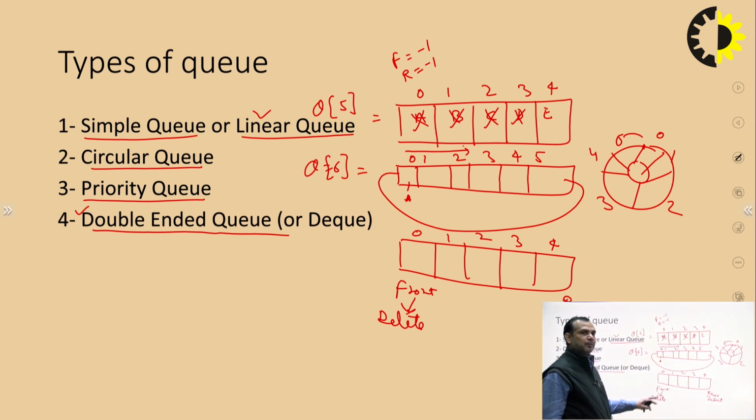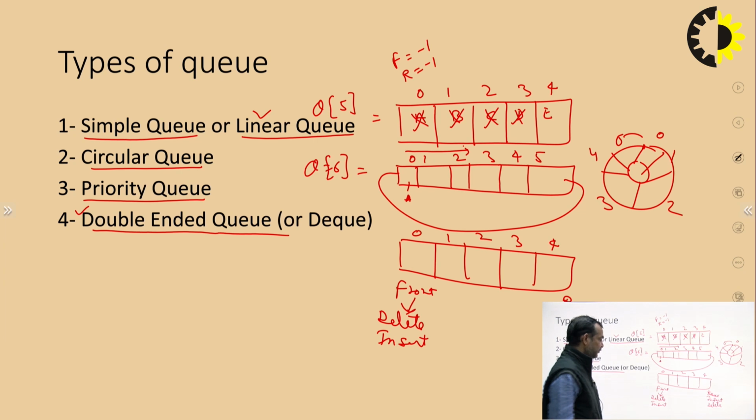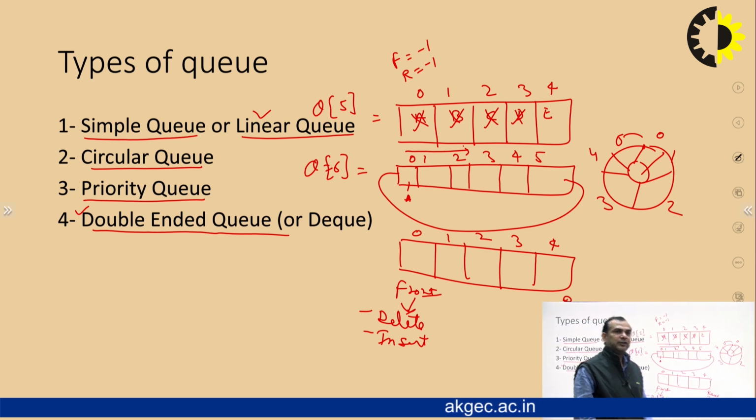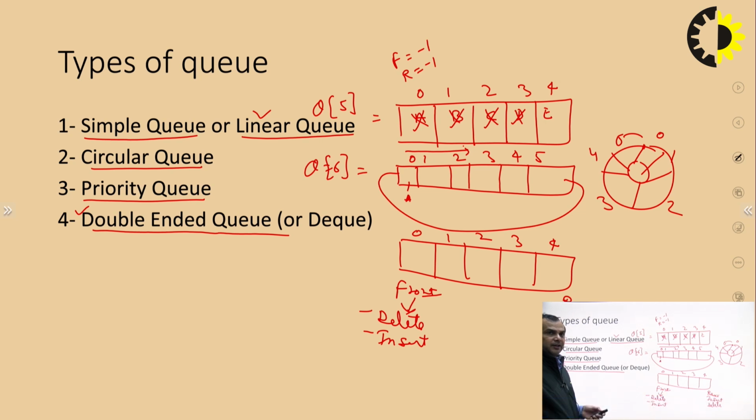If we apply both operations from both ends, we use the DQ. We insert and delete elements from the front, and similarly from the rear. So we apply the enqueue and dequeue operations from the front end as well as from the rear end. That queue is known as the double-ended queue. Clear?